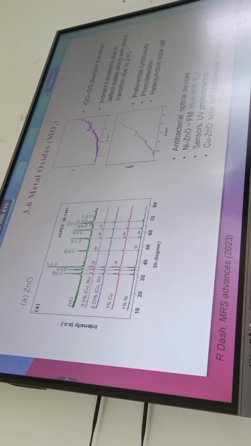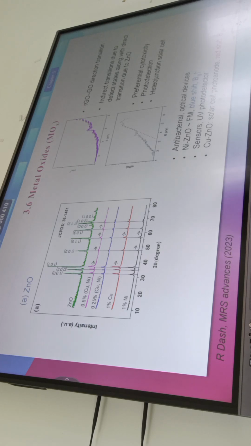Here I worked on zinc oxide with RGO and GO doping. It has the indirect transitions due to the different states, along with direct transition due to ZnO, as shown here. Here is the XRD graph for the different dopings of copper and nickel on the ZnO.